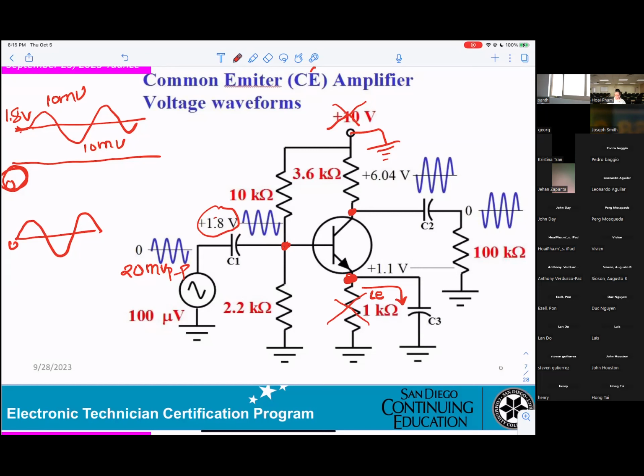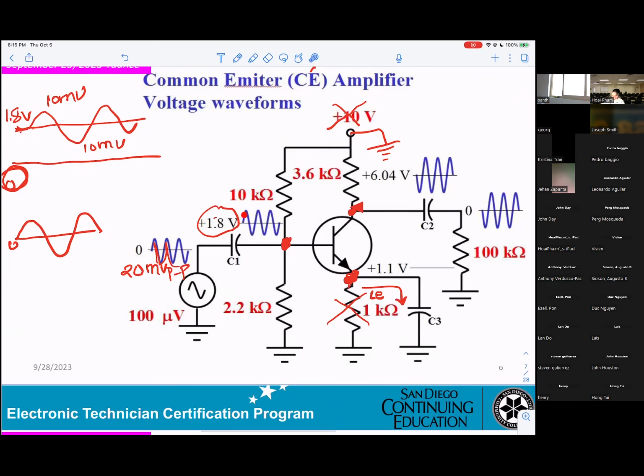So this one, the textbook is just trying to tell you, if you have the CE amplifier, then you can get the DC voltage here, here, and here. It also tells you that you get a sine wave applied at the input.